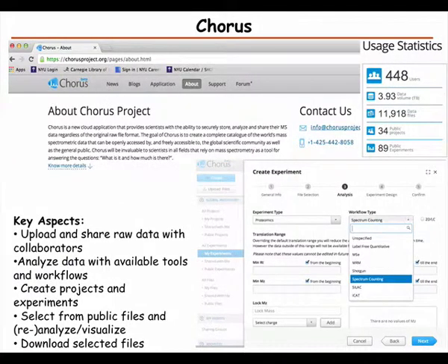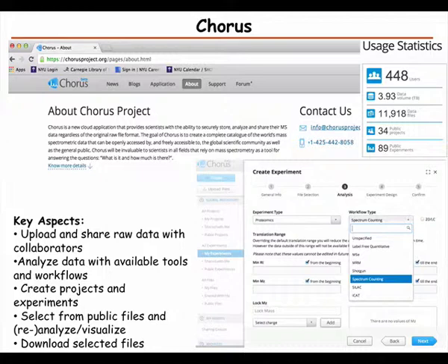Then we have Chorus, which is quite a new player, and Chorus provides a very nice interface in the sense that you can define your lab and set up what instruments you have, and then define different experiments and upload your spectra, and also do the analysis within the Chorus system.